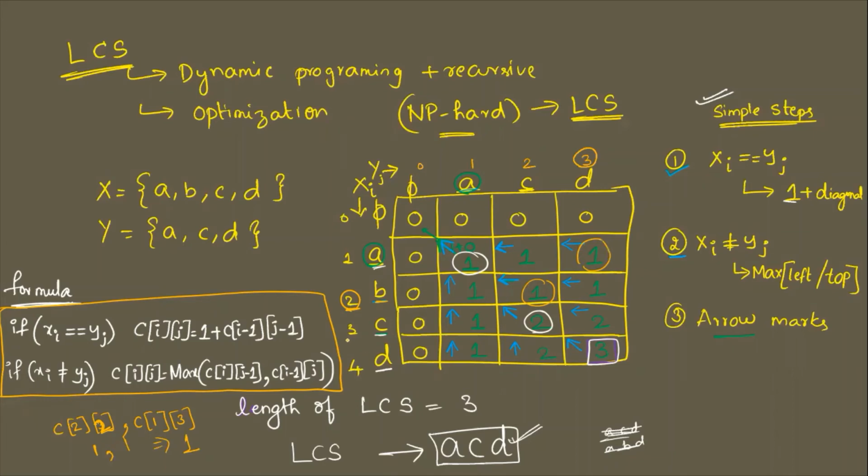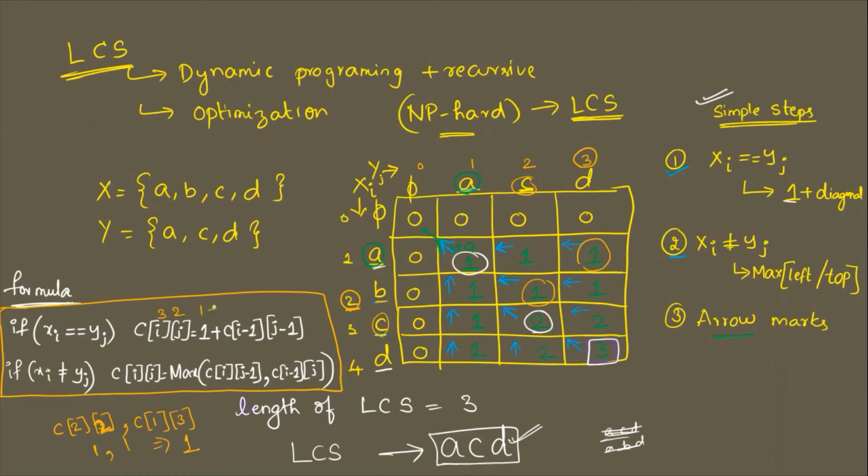Suppose I am taking the common values, which one is common here? C and C. Both are similar. This is C and this is C. So what is the value now? This is 3 and then what is the value of j? 2. That's what, no? C and C, 3 and 2.